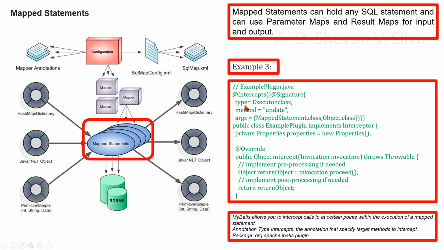The type element returns the Java type, method returns the method name, and args returns Java types for method arguments.